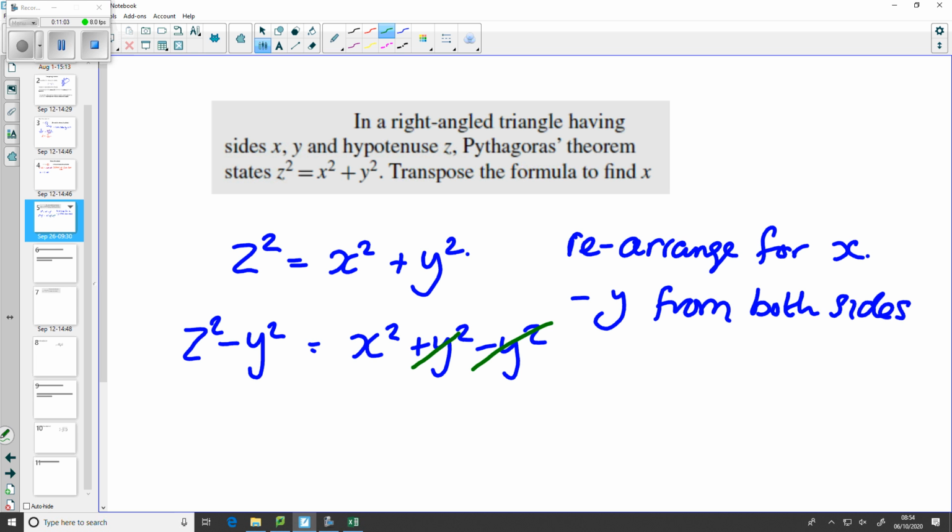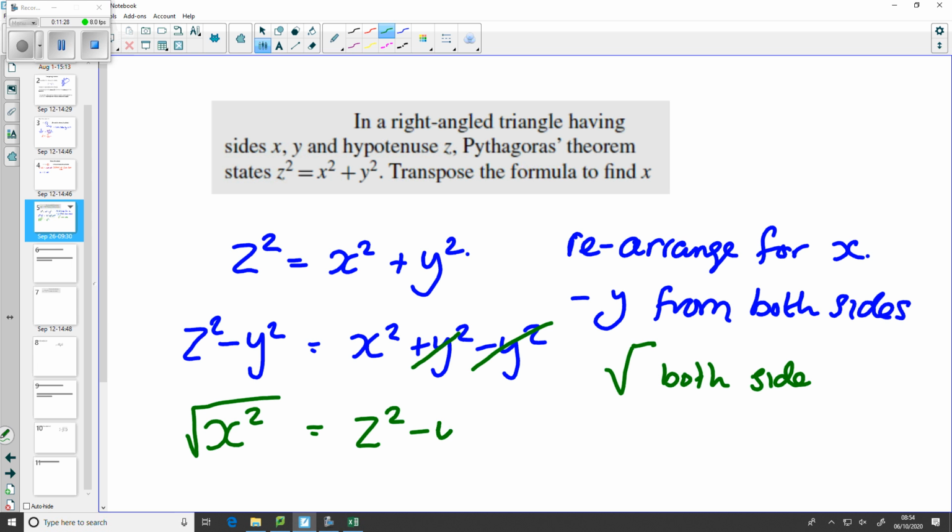What's the mathematical opposite of square? Square root. If we square root both sides, so I'm going to write that x squared square rooted is equal to z squared minus y squared all square rooted.